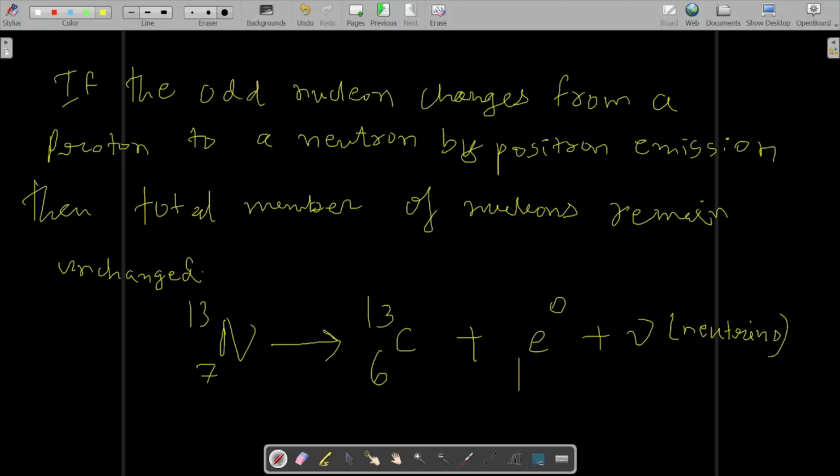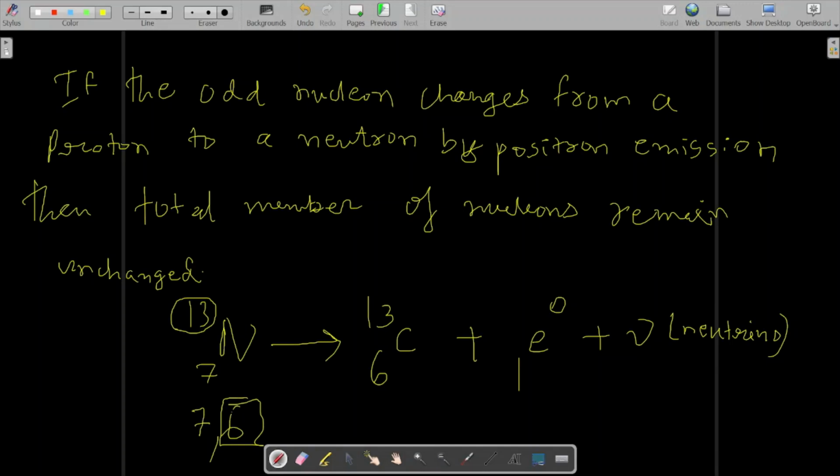So this has 13 nucleons, 12 plus 1. 12 is even, so the odd nucleon is what changes. There are 7 protons and 6 neutrons, because atomic number is 7 and mass number is 13.